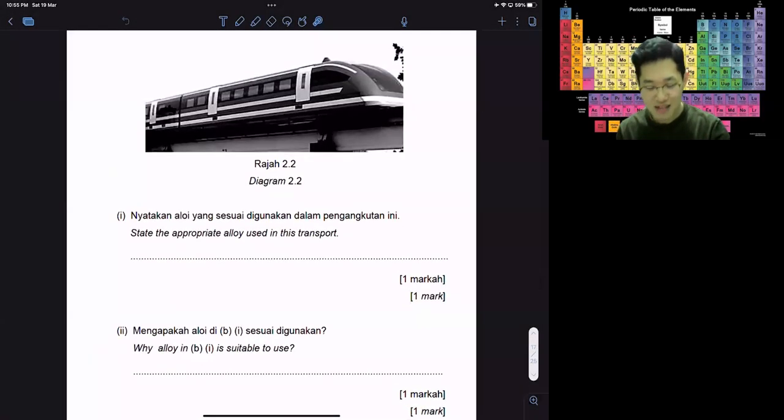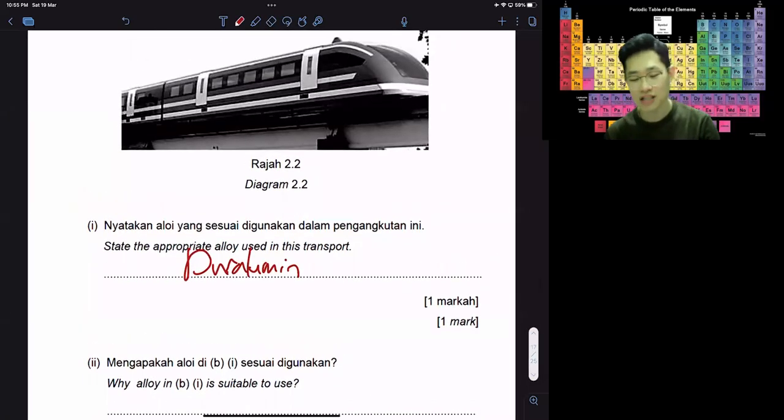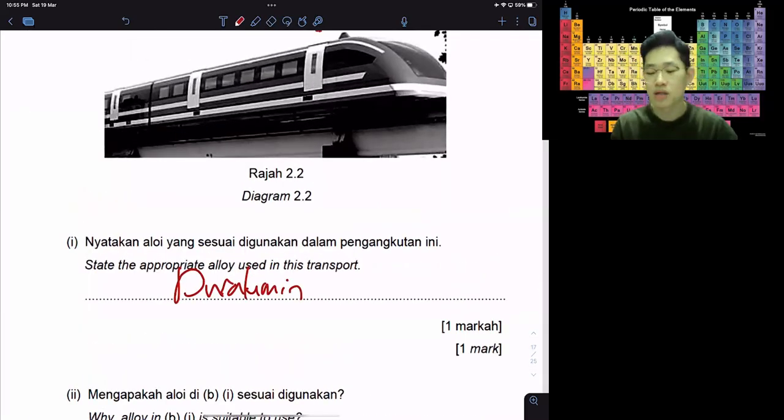Okay, this train is moving at a very high speed. State the alloy used in the transport. Duralumin, yes. I don't know why the answer gives superconductor. I know that superconductor is actually an alloy also, but for this train you need duralumin to build it. Why?